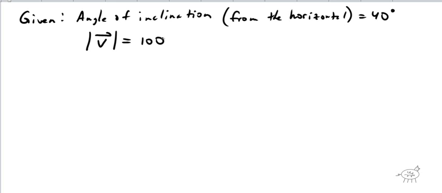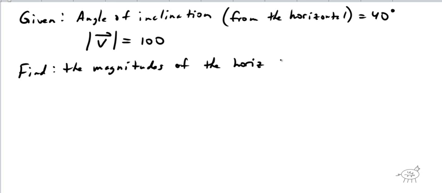Okay. So v is equal to 100, and I want you to find the magnitudes of the horizontal and vertical components.